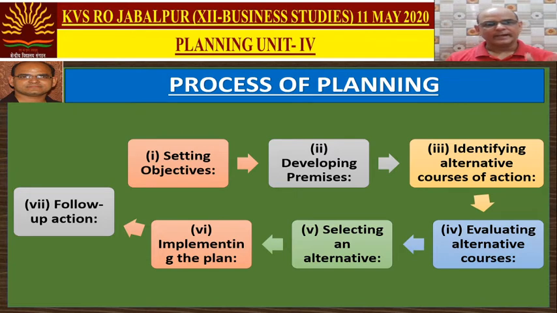So here at 6th, 7th step, we see whether the things have taken place according to my plan or not. So this is the entire process of planning. Whenever the question comes, you must always explain all the steps of planning process with suitable examples in your exam. Then only you will get full marks.